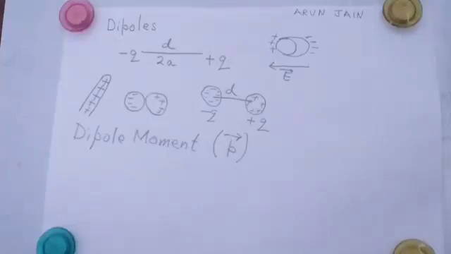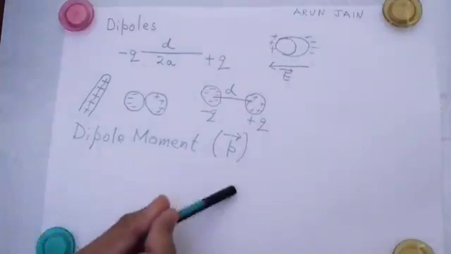But this dipole moment is one thing that is directed from minus to plus charge. Very important to remember. When you study magnetism, we realize that the magnetic dipole moment is also directed from south pole to north pole, whereas everything else is from north pole to south pole. But dipole moment is one thing that is directed from minus charge to plus charge.